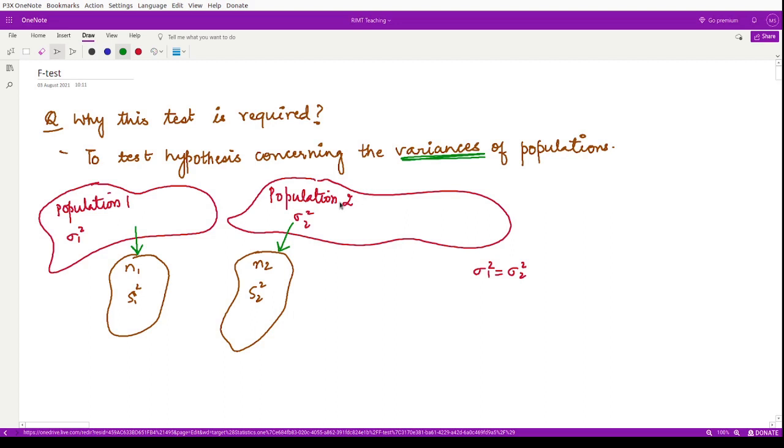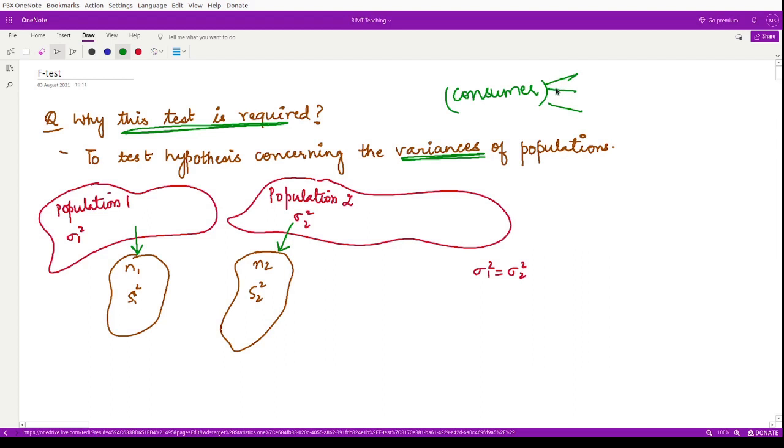So the question is why this test is required. Let me explain this with an example. Suppose a manufacturer wanted to make a product which meets certain specifications. That means the consumer has defined that your product should be this, this and this, some kind of specifications.